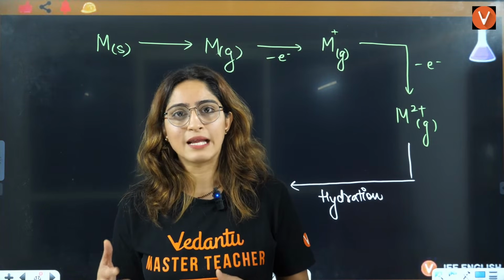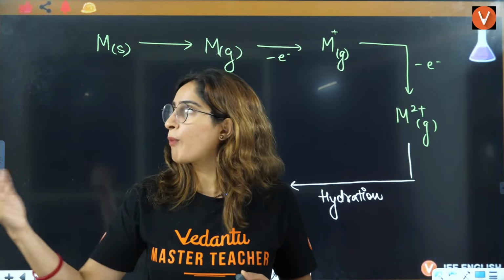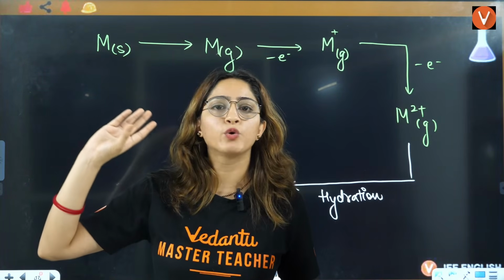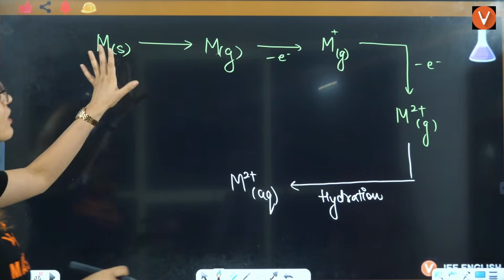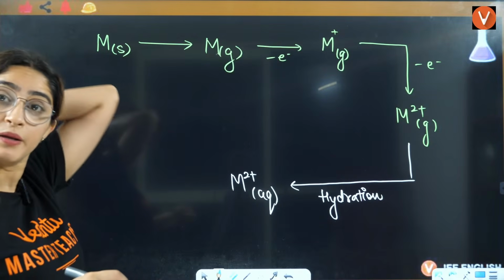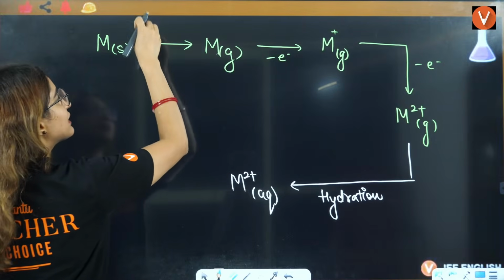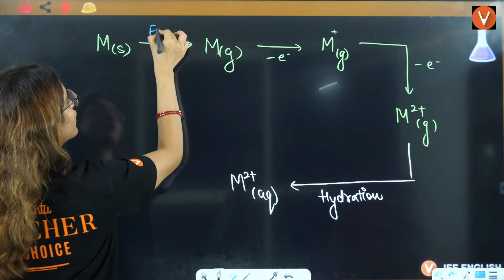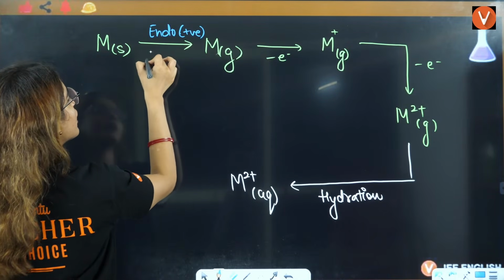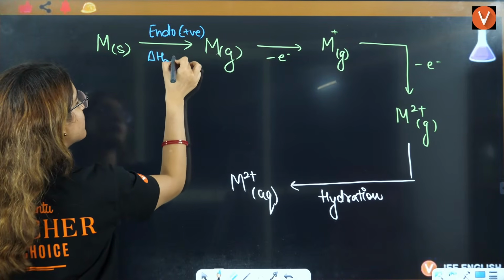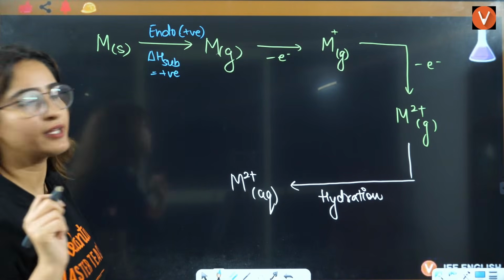But are metals like copper and gold sublimable? You put copper and suddenly it gets converted to gas? No, this doesn't happen. So these metals are not sublimable, and you have to give them energy. This is an endothermic process where energy will be required, so delta H of sublimation is going to be positive.